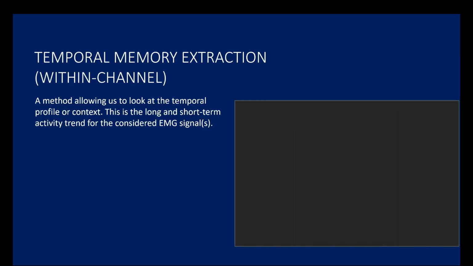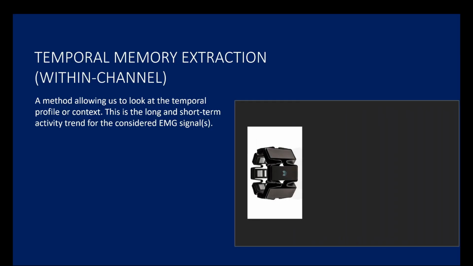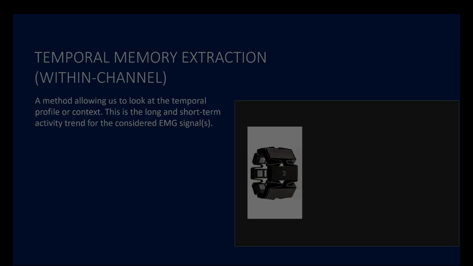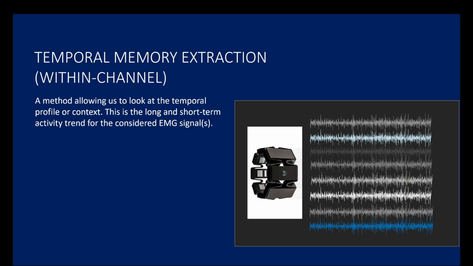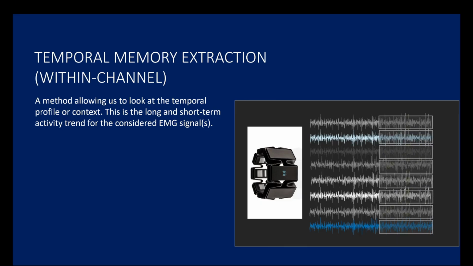We move to the second component now, and we focus on the temporal memory extraction. Referring back again to the Myo example, 8 EMG signals extracted from each of the sensors, with an overlapping window scheme. What we say over here is that we typically extract information from each window without relating to the previous windows. So it's typically cross-sectional.